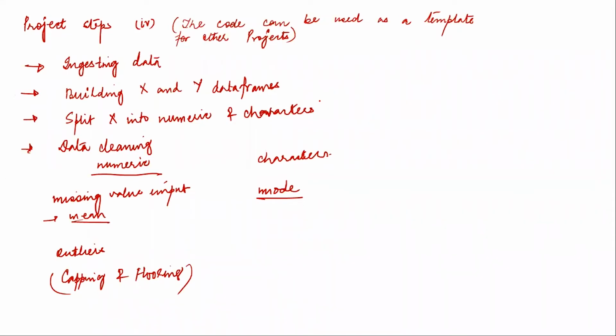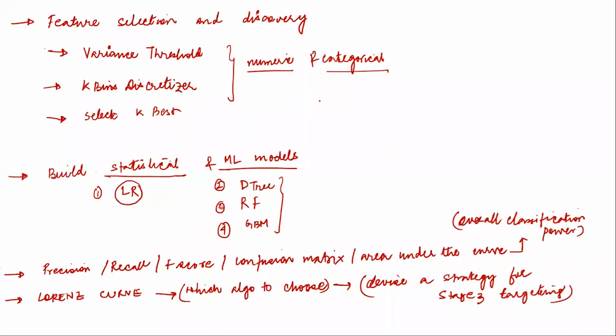Of course, they are all linked to the overall X data, but I take the numeric features and clean them, and clean categorical features separately. Similarly, I will approach feature selection separately: for numeric features, I will select them separately, and I will look at the categorical features and select them separately. Later on, I will do a concatenation to bring in the best features from the world of numeric and the world of categorical.